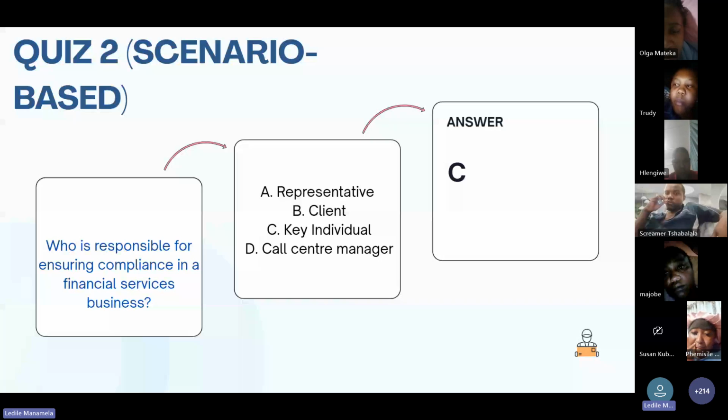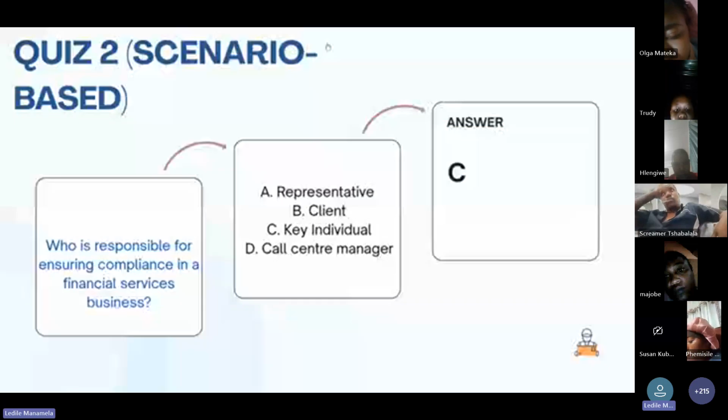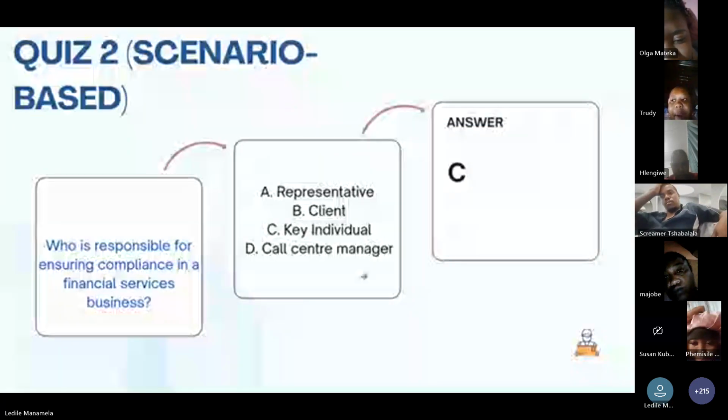So some of you are saying, if we remove the call center manager, let me just do this quickly. If we remove the call center manager and put in compliance manager or compliance officer, who is going to be responsible for ensuring that there's compliance in the business? So remember, it's always the closest correct answer.